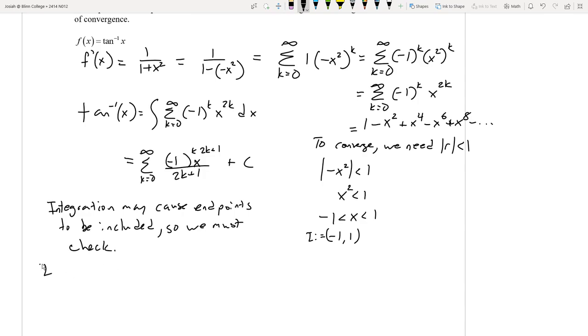So if x equals 1, we look at our series up here. K equals 0 to infinity. We're looking at the inverse tangent here is this guy. So we have -1 to the k, 1 to the 2k plus 1 over 2k plus 1. And 1 to any power is just going to be 1 here.